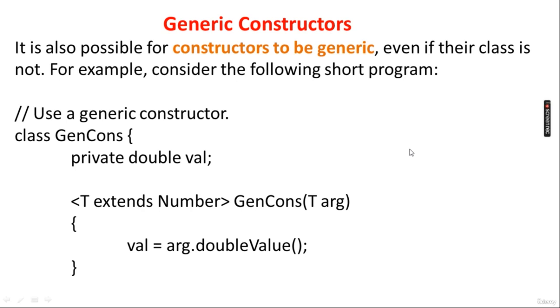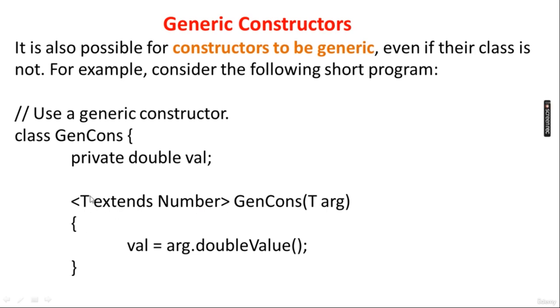Class GenericConstructor, private double value; <T extends Number> GenericConstructor(T argument). So what is this? Your constructor does not have any return type. So there is no return type. But what is this T extends Number? It is a declaration and it is the indication that this is a generic constructor.